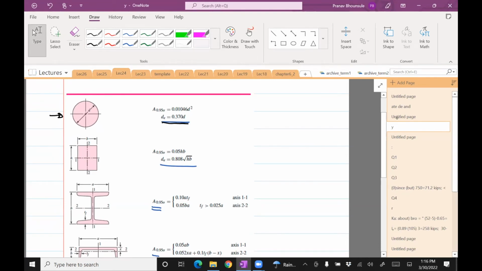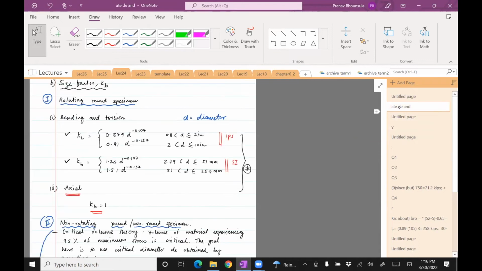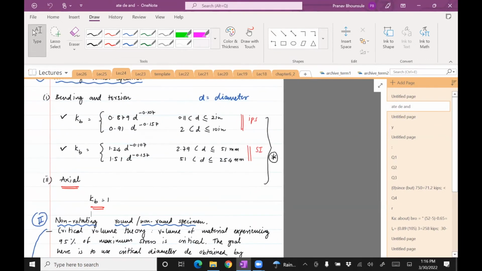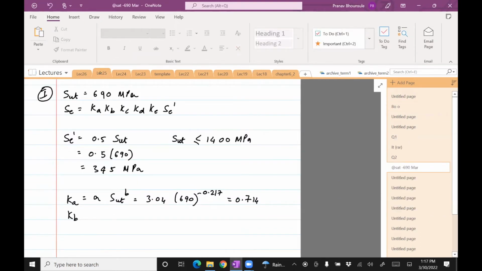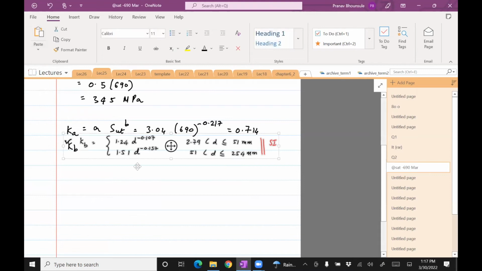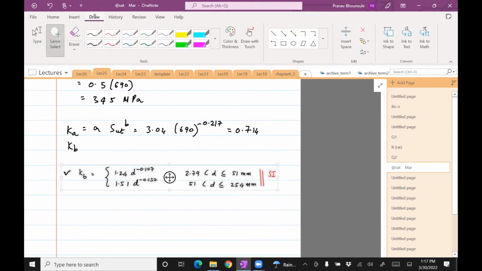Once we have d_e, we need to use d_e in these equations to compute Kb. This is in SI units, everything is in SI, so let's pick the one for SI. This is just for reference, you don't have to copy this.